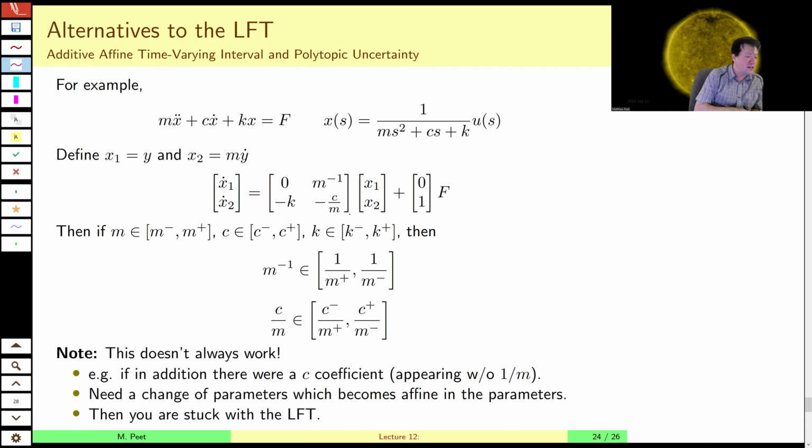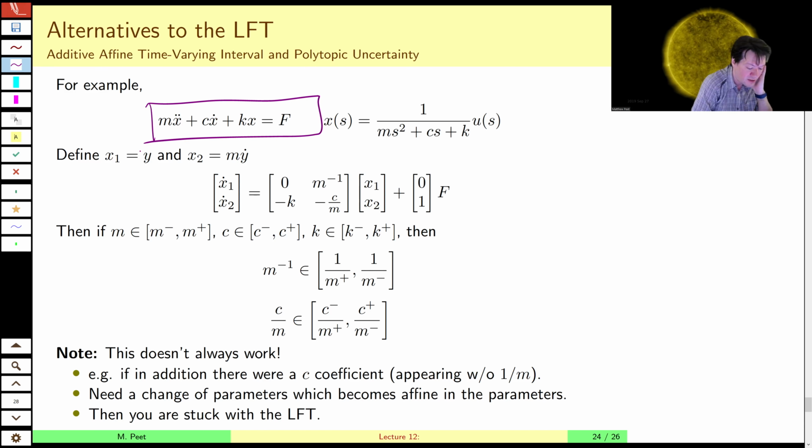To give an idea of a case where this actually works, we go back to our mass spring system. It only works through luck, it turns out, in this case. If you remember, here's our dynamics, and we came up with a state space representation right here.